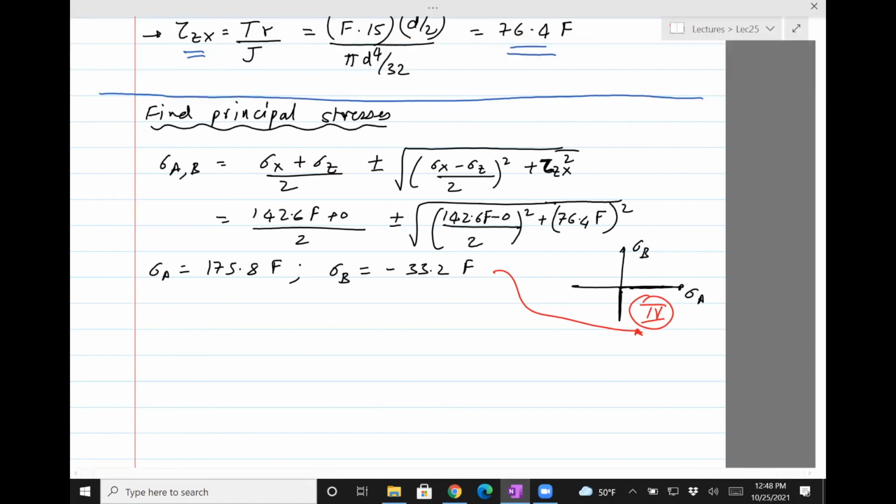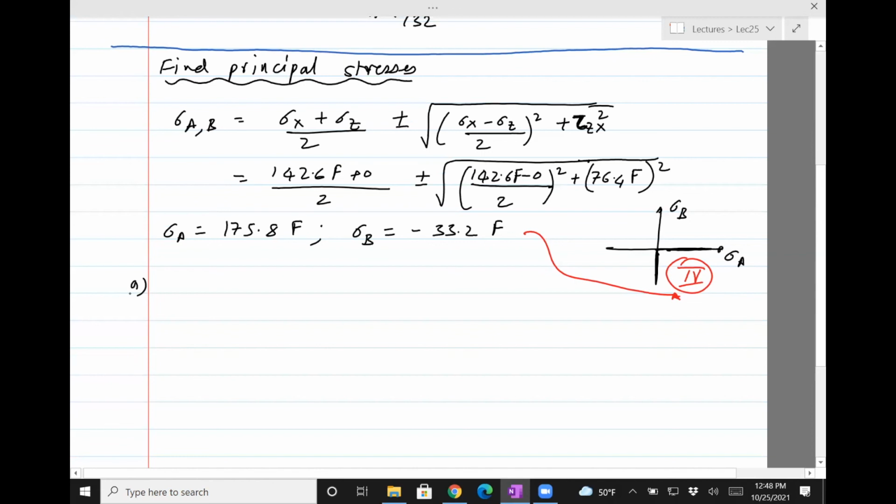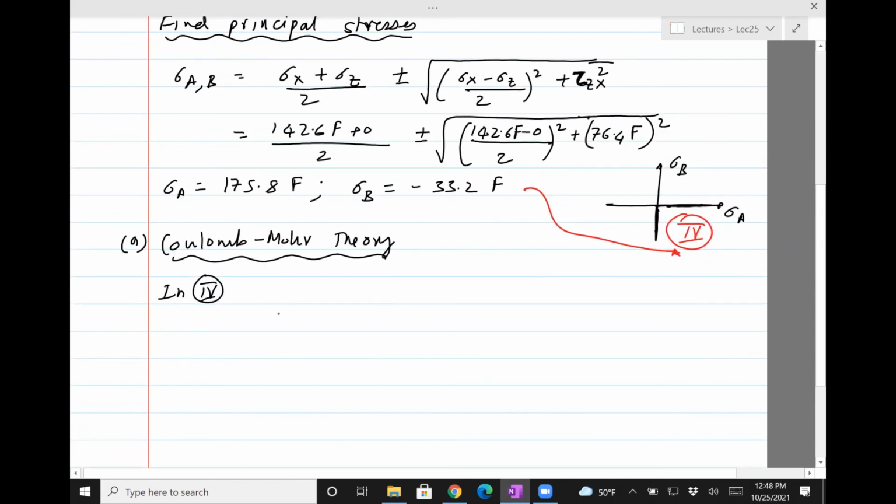So what I need to do is to use the first theory, which is the Coulomb-Mohr theory. In quadrant 4, the formula is sigma A divided by SUT minus sigma B divided by SUC equal to 1.